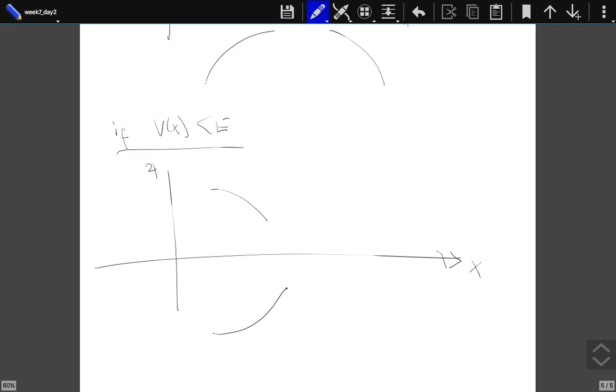Basically, if V(x) is less than E, or the energy is larger than the potential energy in a given region, the wave function will try to go to the psi equals 0 point. If you follow this trajectory, it tries to go to psi equals 0. It can cross it and move to the other side, and then it will again try to go back to the psi equals 0 line. So it will be oscillating.